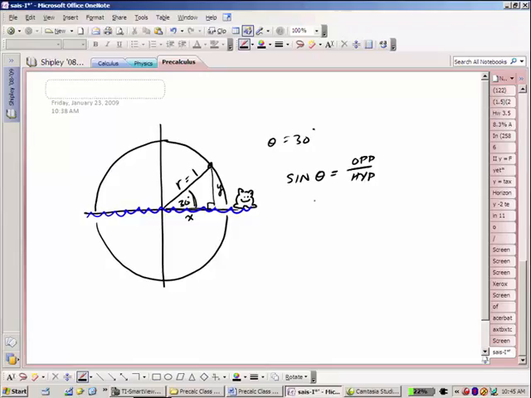So in this case, the sine of the angle would be equal to y over r, which is going to be 1 in a second. But this is a very important relationship. In any circle or Ferris wheel, the sine of the angle is equal to y over r.